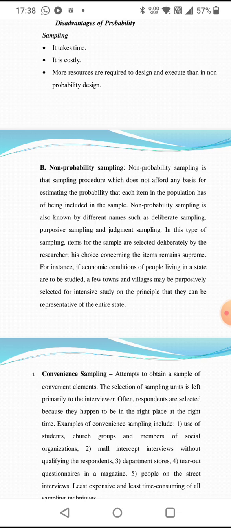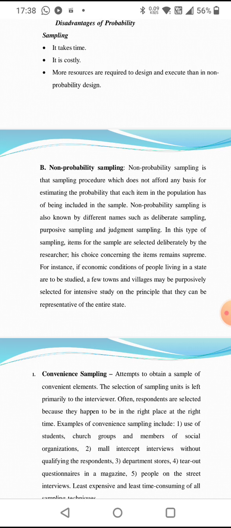This is non-probability sampling. For instance, if economic conditions of people living in a state are to be studied, a few towns and villages may be purposely selected for intensive study on the principle that they can be representative of the entire state. In this example you want to know the economic conditions of people in a particular state, so you are not going for probability sampling.